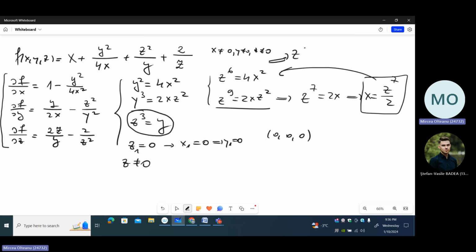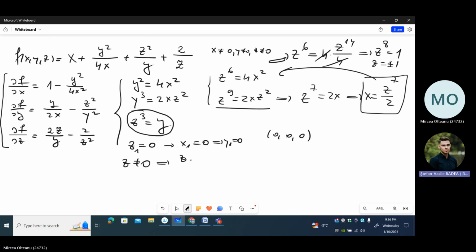So we get that z to the 6, and don't forget z is not 0, equals 4 times x squared, which means z to the 14 over 4, over 4, yes. We simplify, and we get that z to the 8 equals 1, yes, which means z equals plus and minus 1. Okay, so if z is not 0, then it must be z2 equals 1 and z3 equals minus 1.